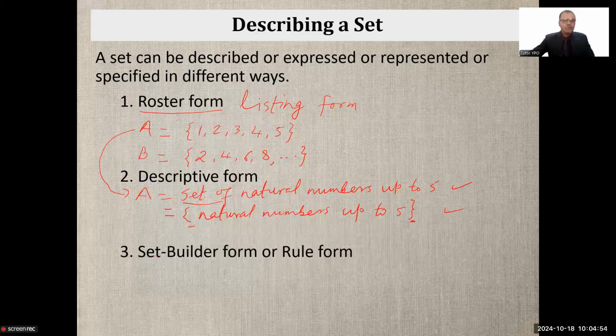Now, let's move on to set builder form. In set builder form, we make a rule for a variable. First, we assume a variable to represent the elements. Then we describe the characteristic or the property of each element.